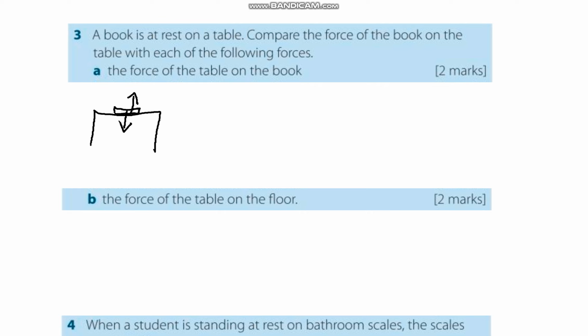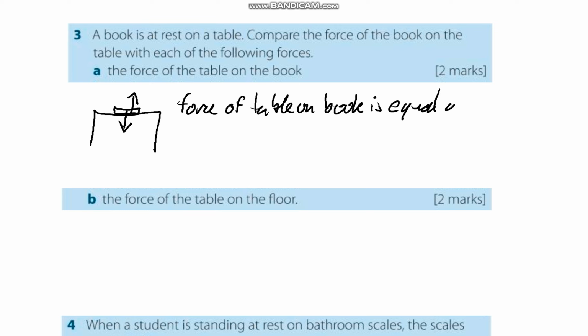So all we need to say here is that the force of the table on the book is equal and opposite to the force of the book on the table.